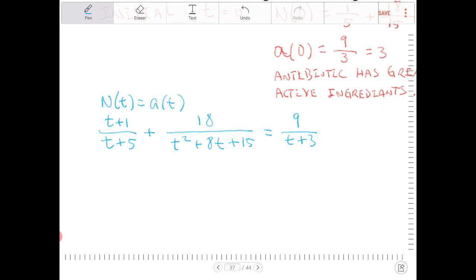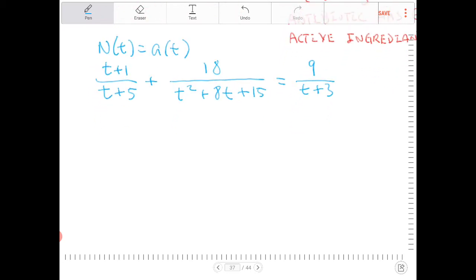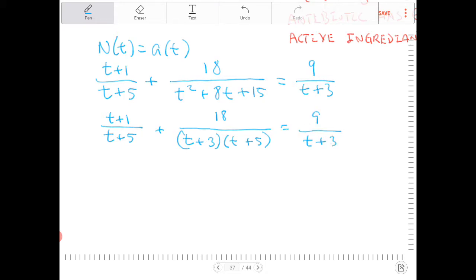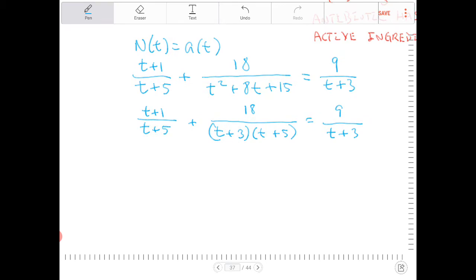So looking at this, I notice immediately that the denominator in the second fraction on the left is factorable. Right, this becomes 18 over t plus 3 and t plus 5. And in order for us to solve for the unknowns, we are going to create common denominators.